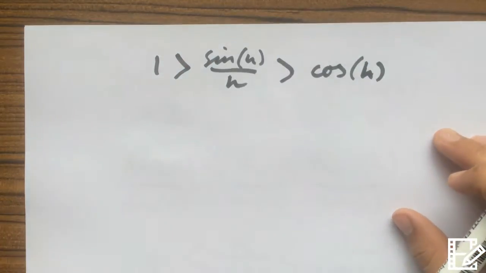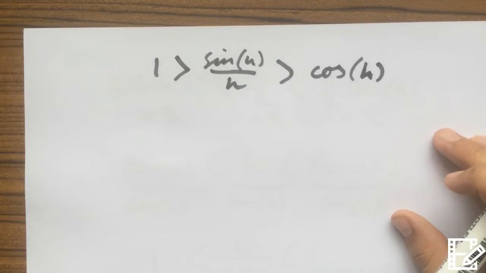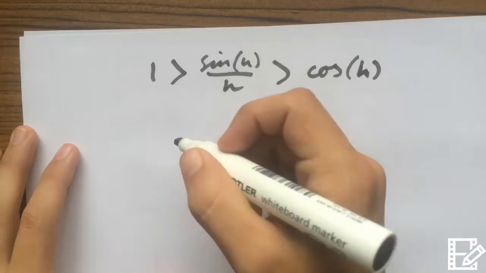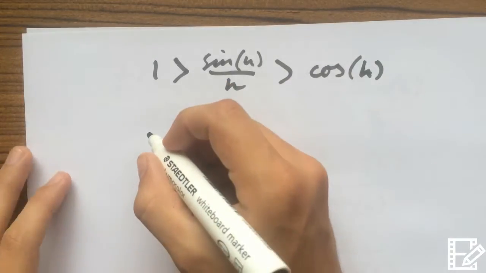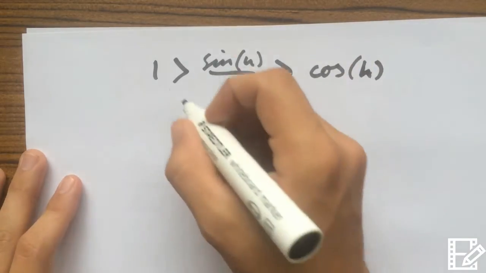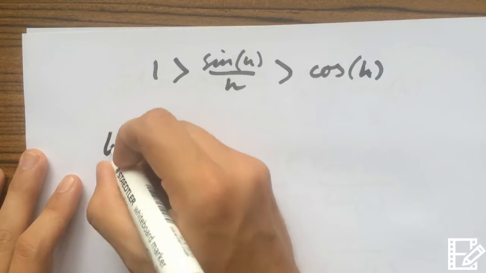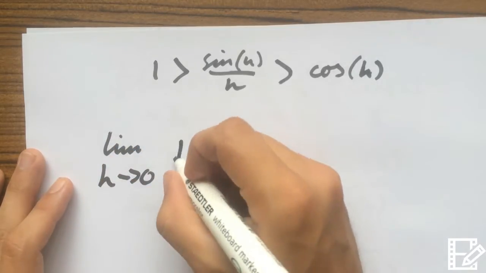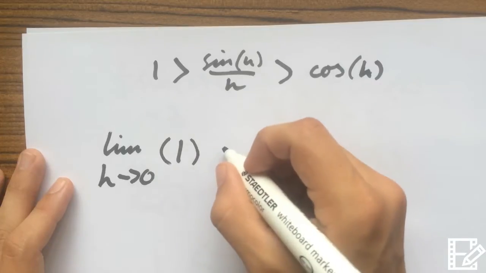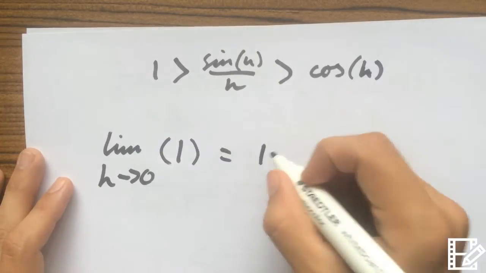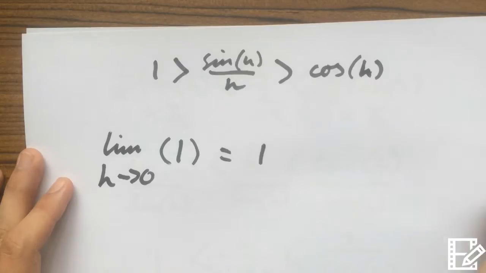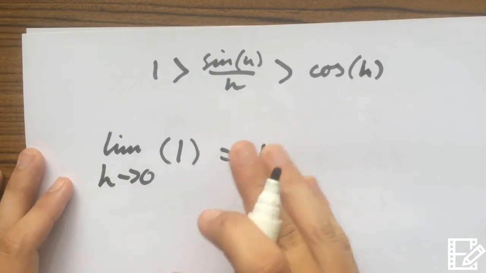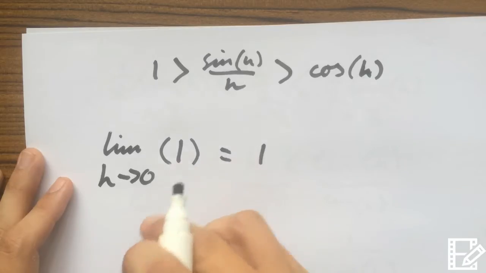here's where the proving really comes in. Okay, so now we have this, we have 1. If we find the limit as h approaches 0 of 1, we get 1. Because there's no h in this, so we can make h any number we wanted and it wouldn't affect that.